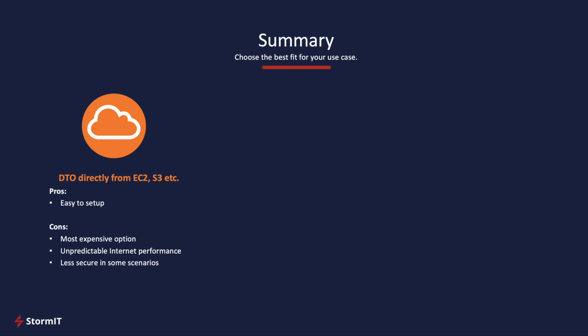At the same time, it is also the most expensive option for transferring data out of AWS, and we run into the risk of unpredictable performance due to dependence on the public internet. In some cases, it might also be a less secure option, where organizations can send data from S3 via HTTP or do not have certificates on EC2 and no other layer of protection in place.